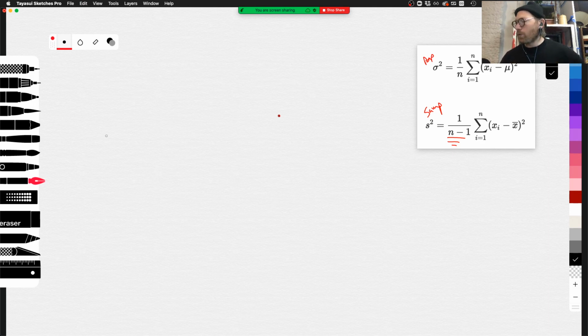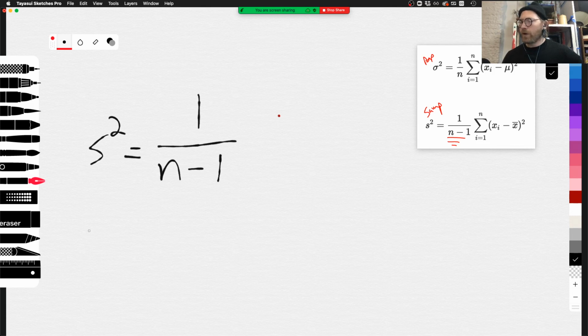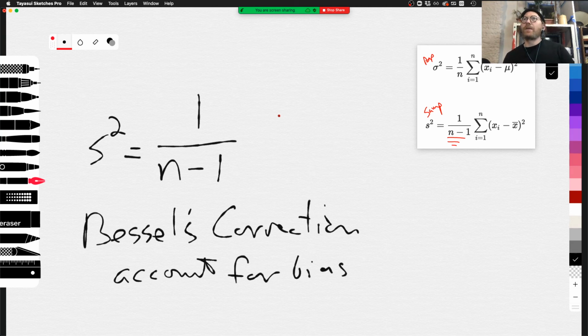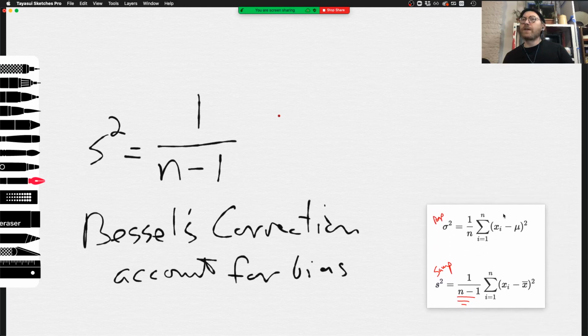And so, that's why we have this 1 over n minus 1. We call this Bessel's correction. And it's here to account for what I'm going to refer to as bias. So why do we need to account for bias? Let's talk about that for just a second before we code this stuff out.